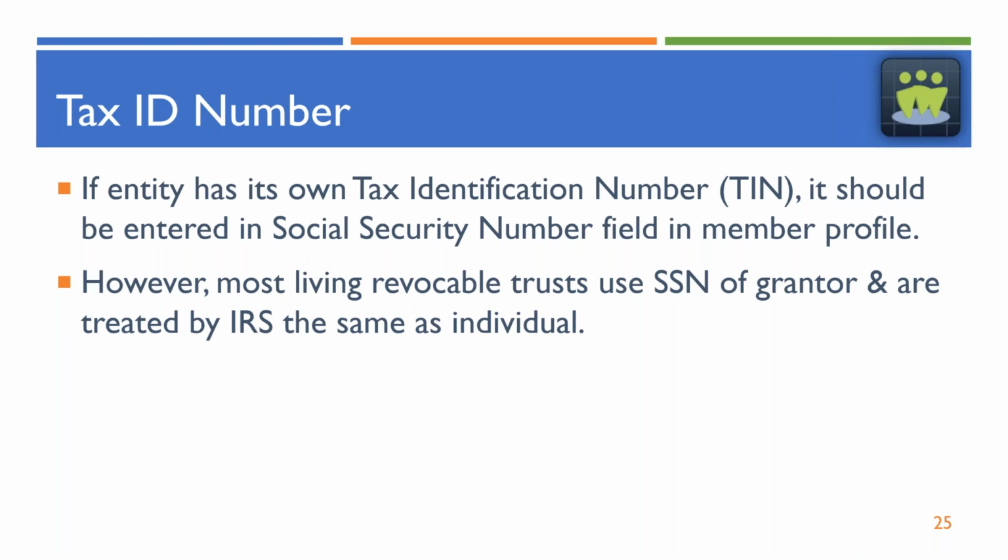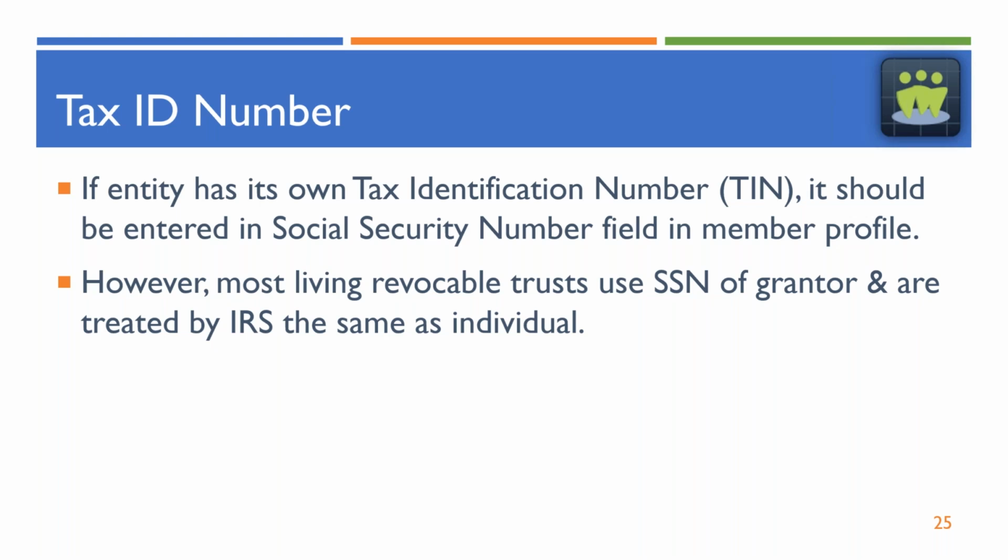Now you have to decide, the trust, of course, is going to need a tax identification number. You should just enter that in the Social Security number field of the member profile. For most revocable living trusts, the Social Security number of the grantor is usually what's treated by the IRS.